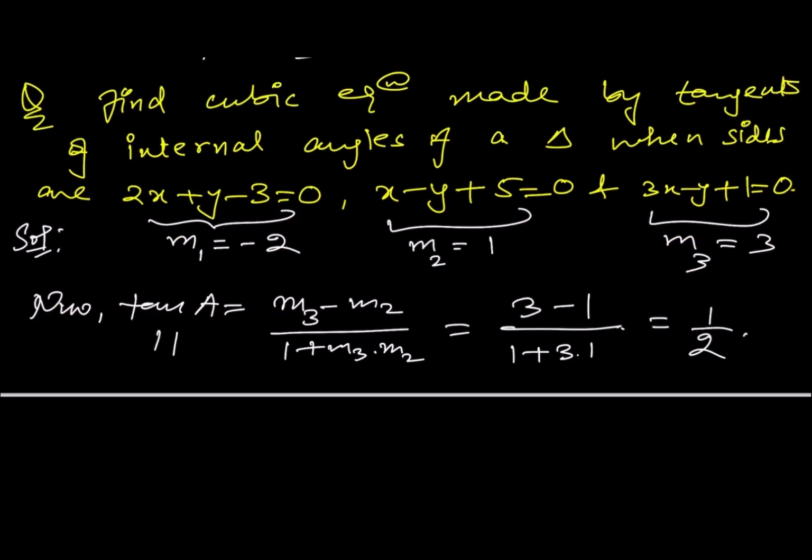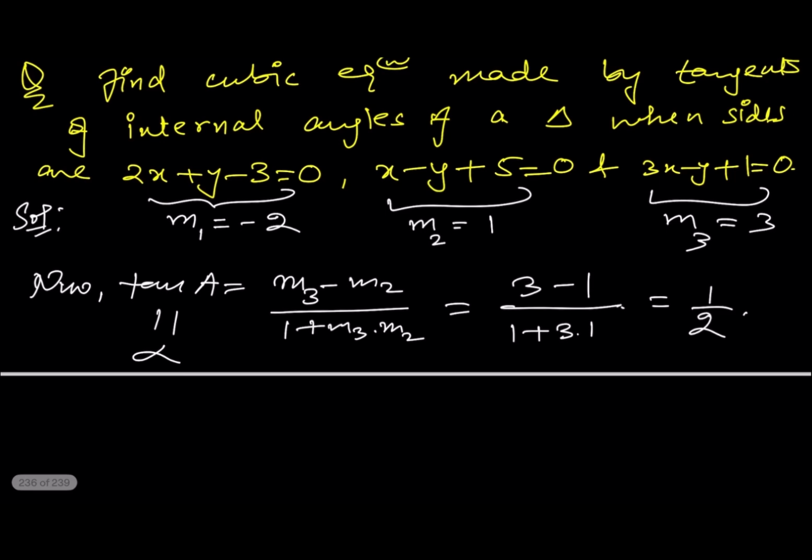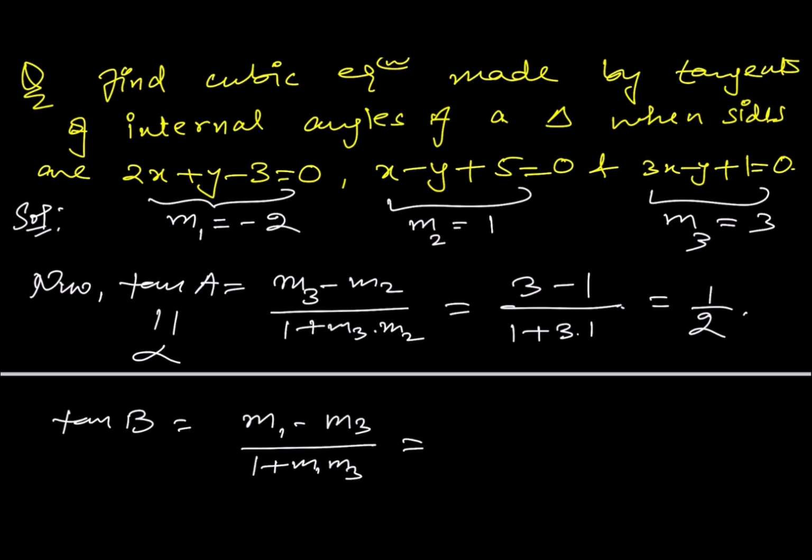Take it as alpha. Tan B is (m1 minus m3) upon (1 plus m1 m3). m1 is minus 2, m3 is 3, so minus 5 upon 1 plus minus 2 into 3, which is minus 5 upon minus 5, which is 1.